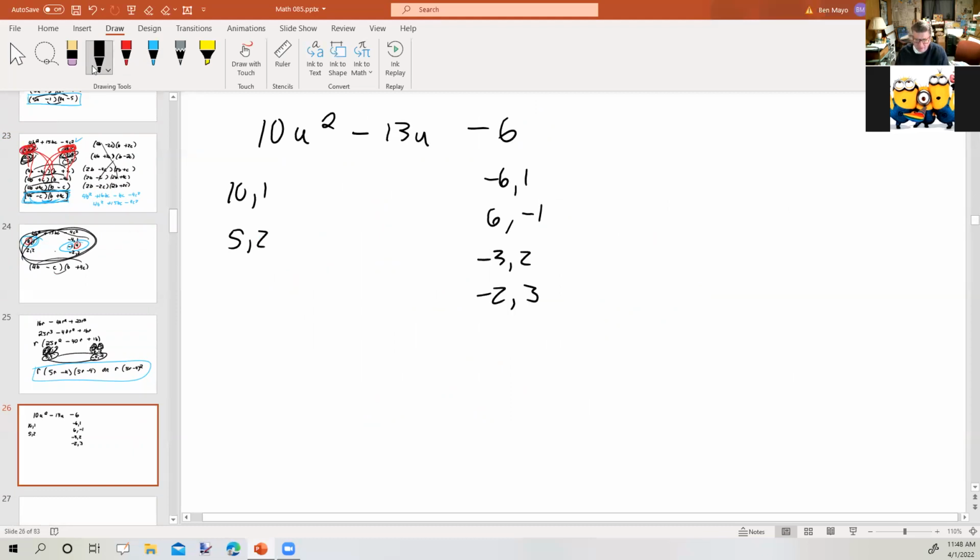Okay. I'm looking for a combination that gives me negative 13. And this is where, if you could see my hand on the whiteboard, it would make things so much easier. But I'm going, let's see, 10 times negative 6 is negative 60. 1 times 1 is 1. Negative 60 plus 1 is not negative 13.